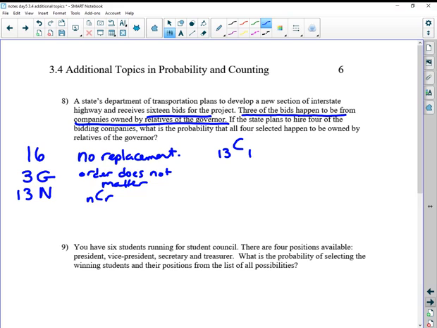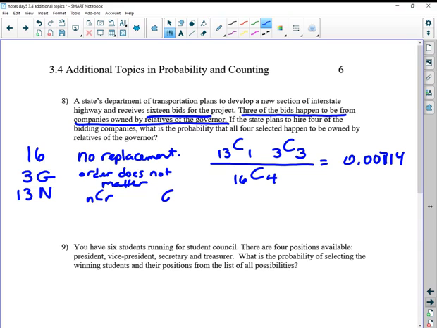We want, of the 3 governor ones, all 3 to be picked. And on the denominator, the total number of ways we put everybody back together, 16, and we want to pick 4 companies to put in their bids. So we get a probability of 0.001714.